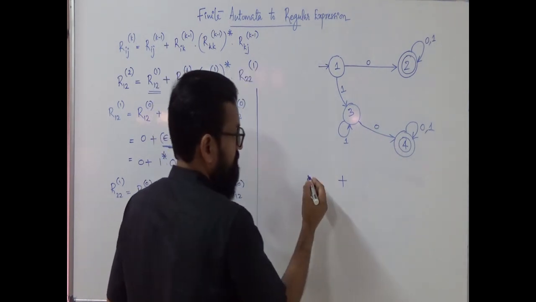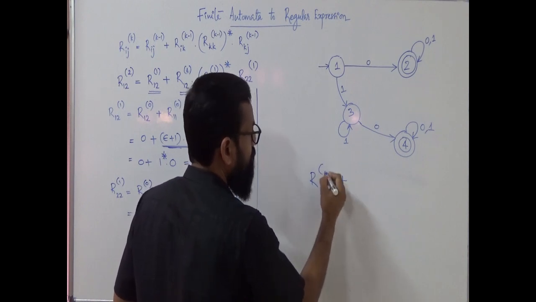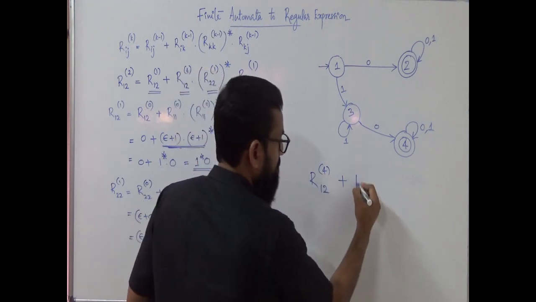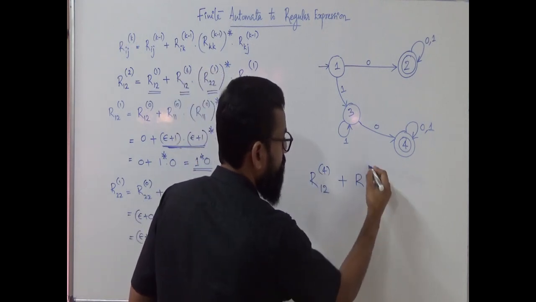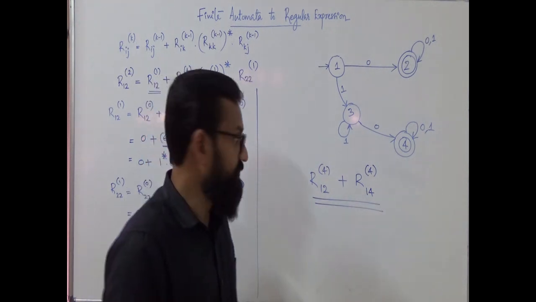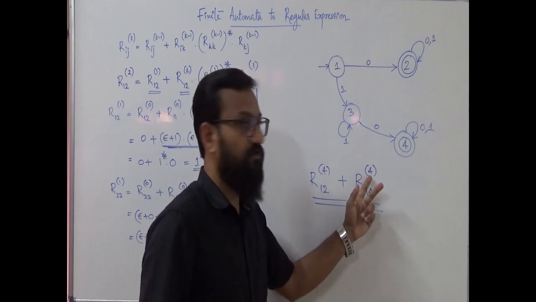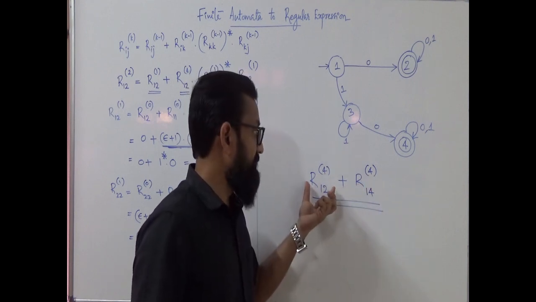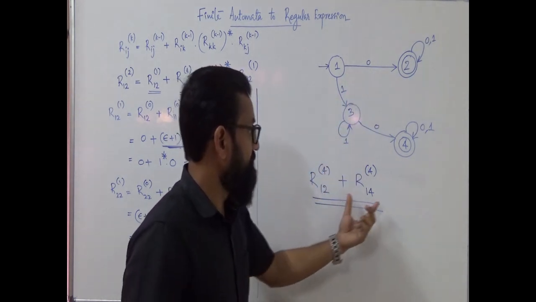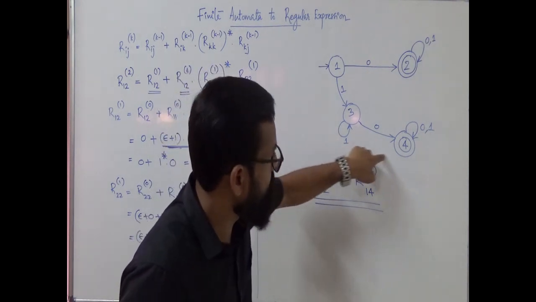So the regular expression will be of the form R12^4, since we have 4 states, here it will be 4, and R14^4. So you are expected to determine this regular expression R12^4 or R14^4. This regular expression represents the set of strings that are accepted along this particular path, and this regular expression represents the set of strings that are accepted along this particular path.